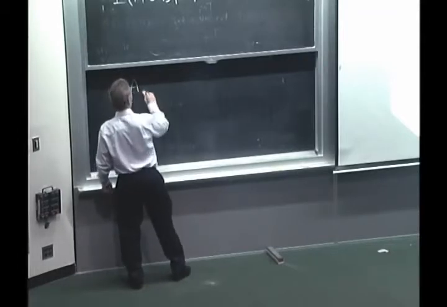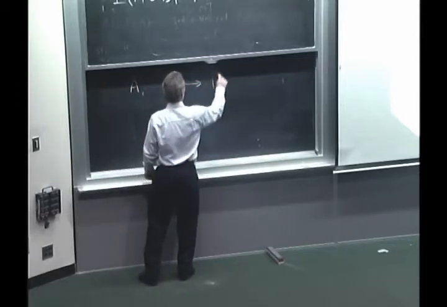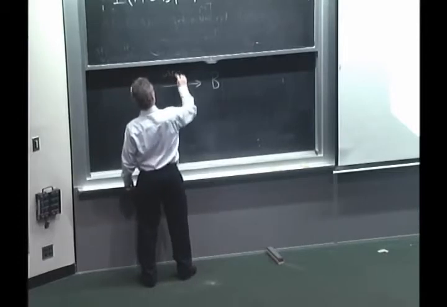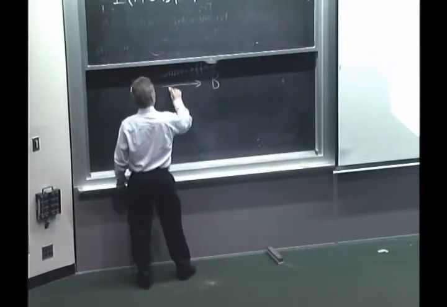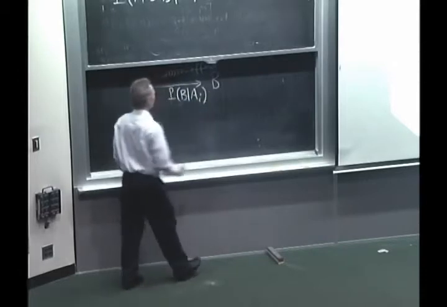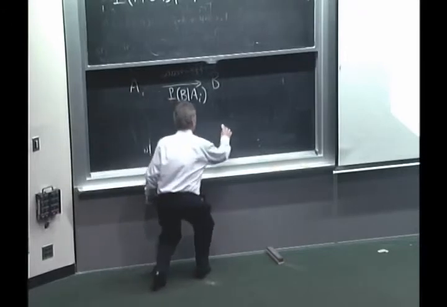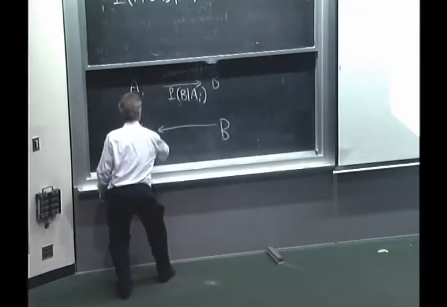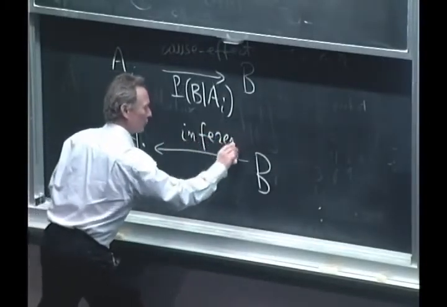So a scenario occurs, and that may cause B to happen or may not cause it to happen. So this is a cause-effect model. And it's modeled using probabilities such as probability of B given A_i. And what we want to do is inference, where we're told that B occurs, and we want to infer whether A_i also occurred or not.